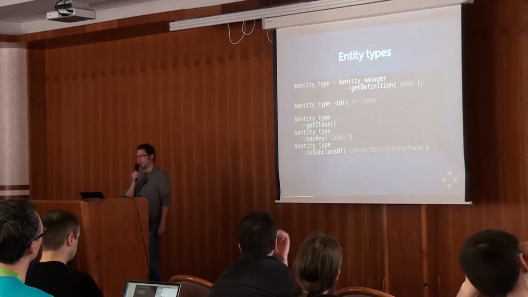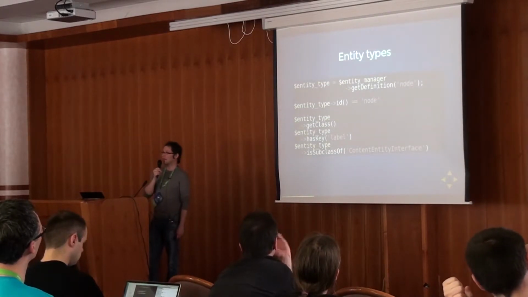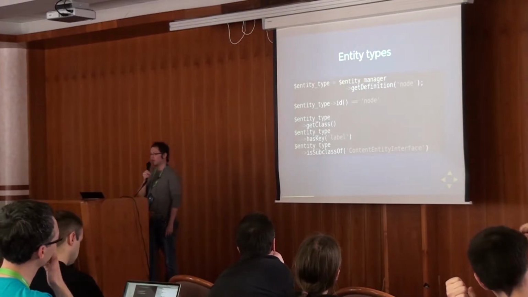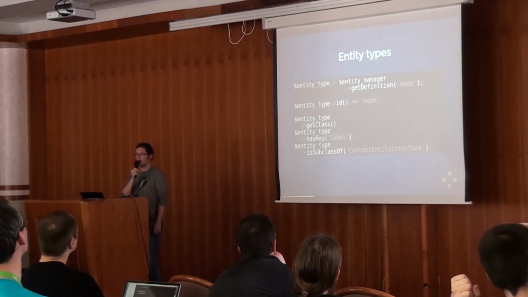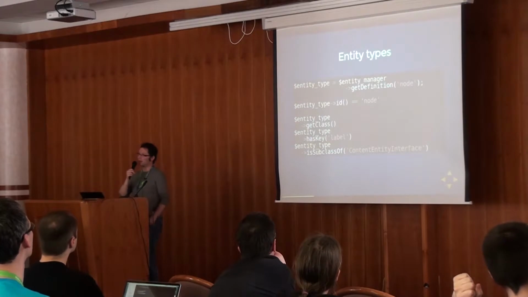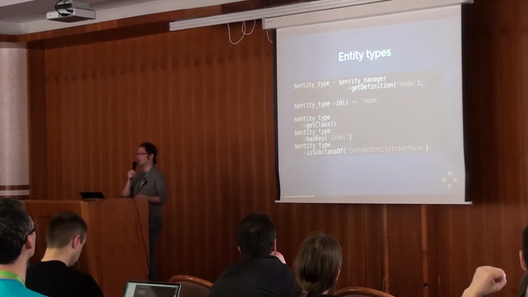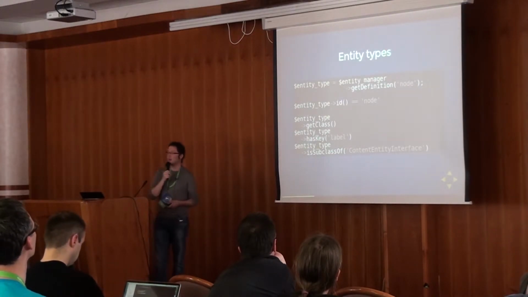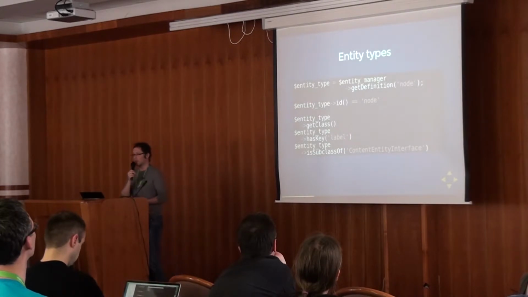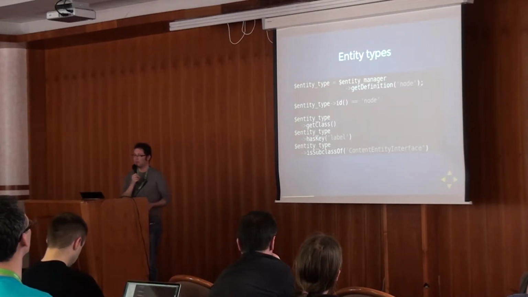So entity types, also in Drupal 8, are objects. What you might know as hook_entity_info is a huge array which has some information about each entity type. In Drupal 8, that's a domain object, which means the entity type is an instance of the entity type class, and it has convenient methods on it.